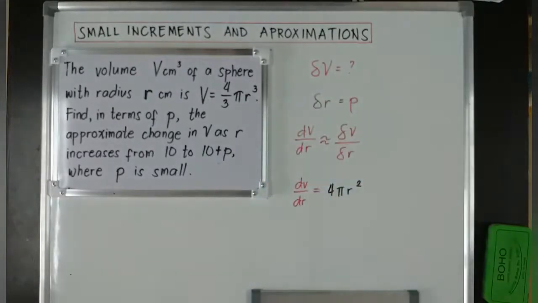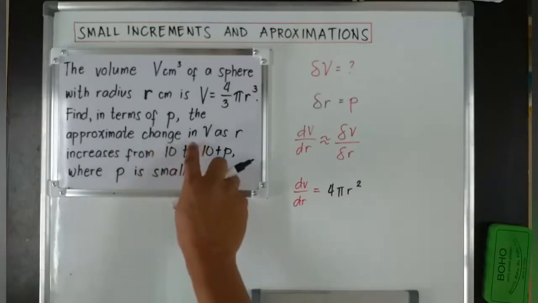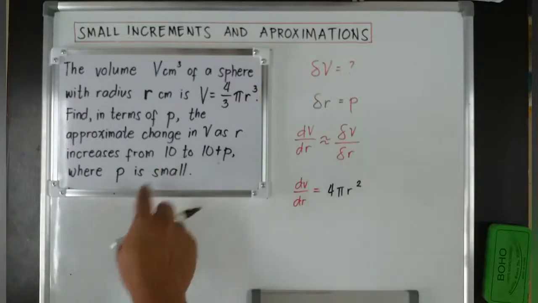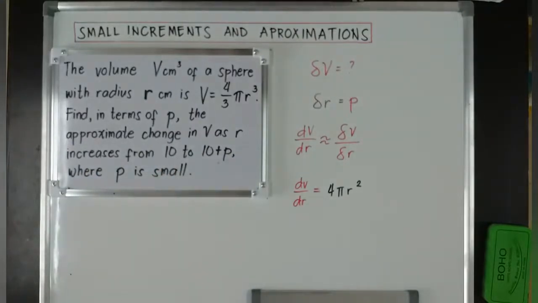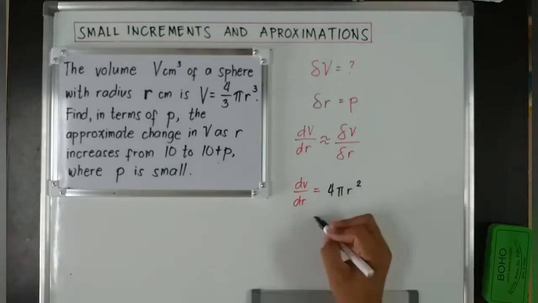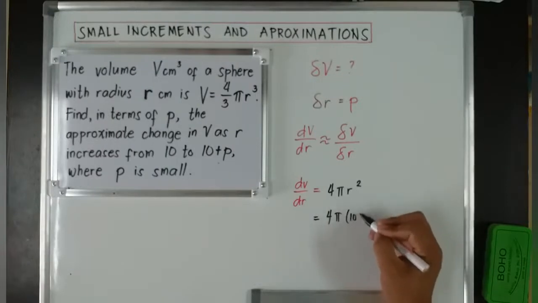Because 3 minus 1 is 2. So that is dV over dr. Next, what is the starting number for r? You see, approximate changes in V as r increases from 10. So the starting value of the r is 10. So r will be 10 over here, so it will become equal to 4 pi times 10 squared.